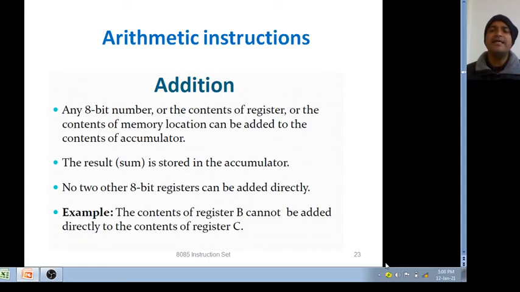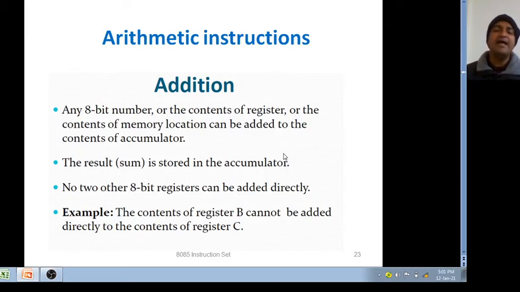Now, what is the key point in arithmetic instructions? In case of addition and subtraction, the destination operand must be the accumulator.